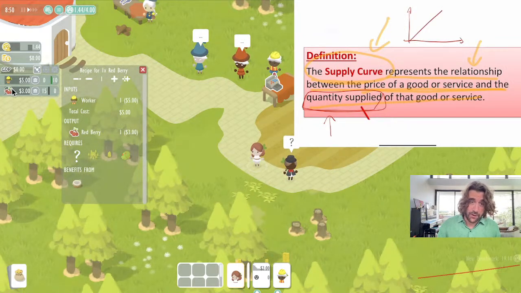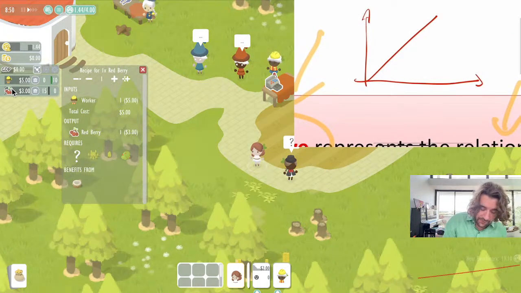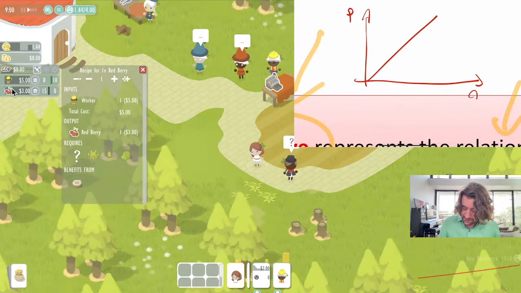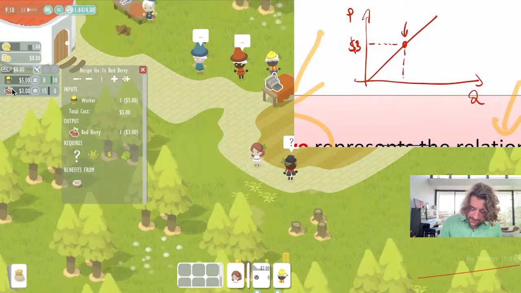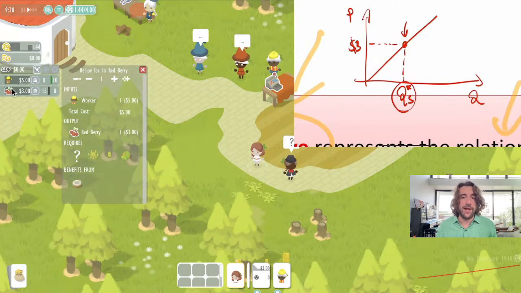I don't want to spoil too much, but as I was saying, if you put the price here and the quantity here, in our case the price was $3 for the red berries. If you find the optimal quantity, this point here, this quantity that you found, the optimal one, is the quantity supplied and is part of the supply curve.